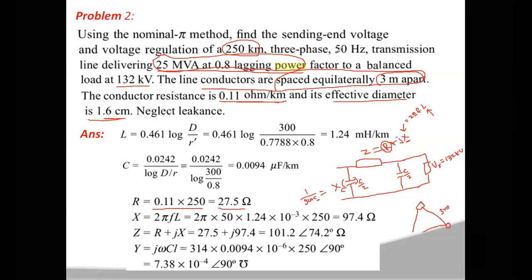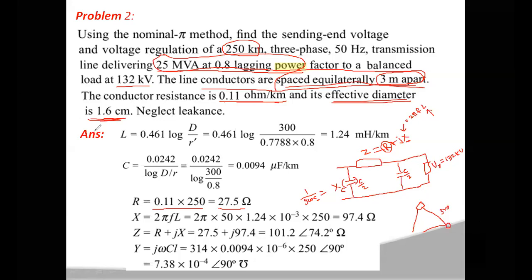So what is the given data here? The line conductors are spaced equilaterally 3 meters, and the effective diameter of the conductor is given as 1.6 centimeter. So how can you calculate inductance and capacitance? In the first unit, we developed the equations for calculating the inductance as well as capacitance, so those formulas you have to use.